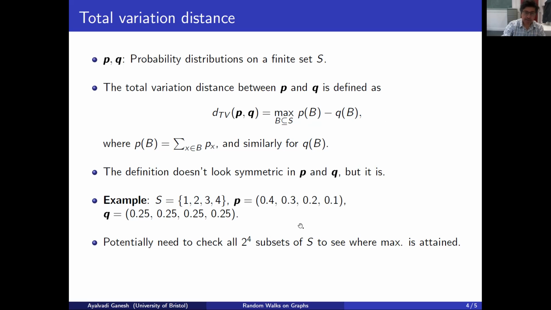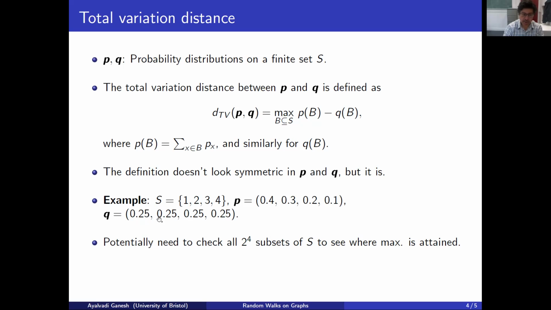Let's start with the empty set. For the empty set, P of the empty set is 0, Q is 0, the difference is 0. Let's think about what element we can add into the set B to make this difference get bigger. If we add the first element, we add 0.4 to P of B and 0.25 to Q of B, so the difference increases from 0 to 0.15.